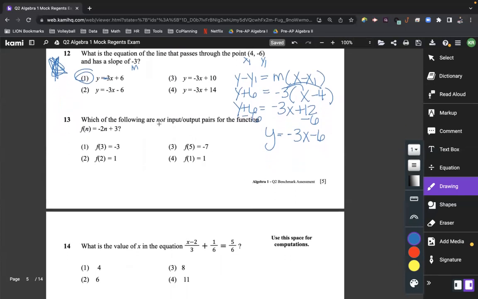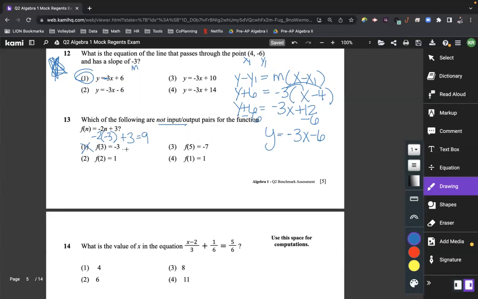Now, which of the following are not input-output pairs for the function? So remember that this is f of n. So it's saying if I plug in 3, will I get -3? Okay. So -2 times -3 is 6 plus 3, that would be 9. This is not right. Okay.